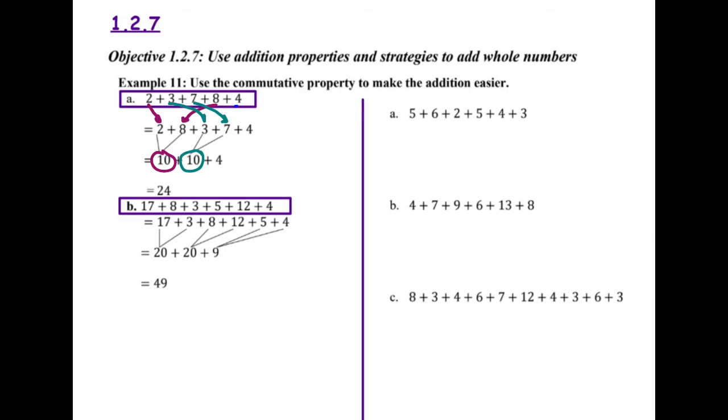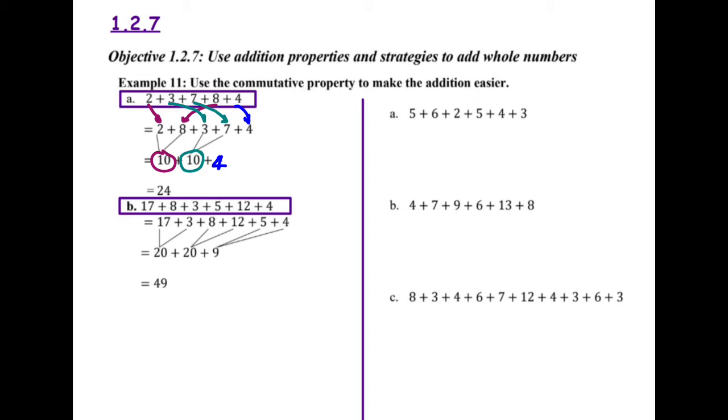And then the 4 was just left over, so it came down by itself. So we have 20 and 4 for a total of 24. They've set these up specifically so that things would add up easily. That won't always happen, but they're going to just do it so that you can practice adding things in different orders, okay?